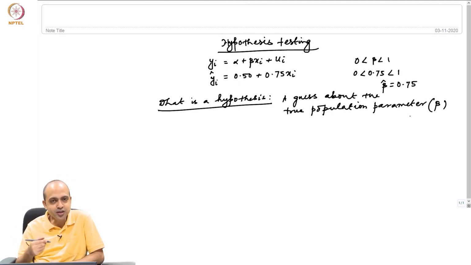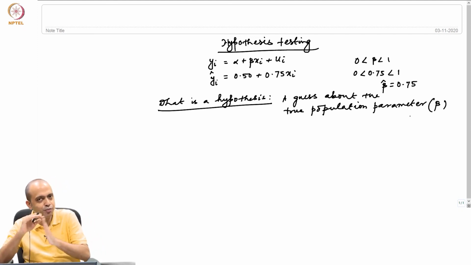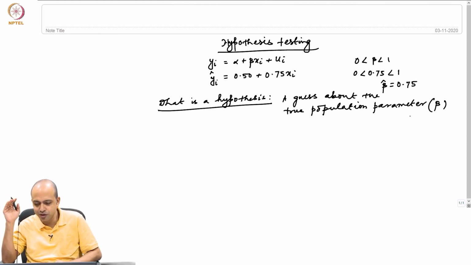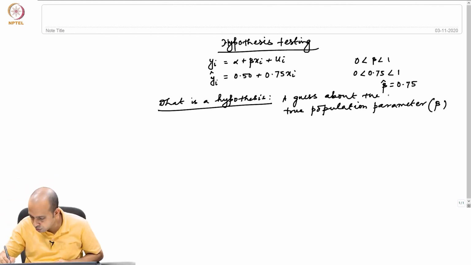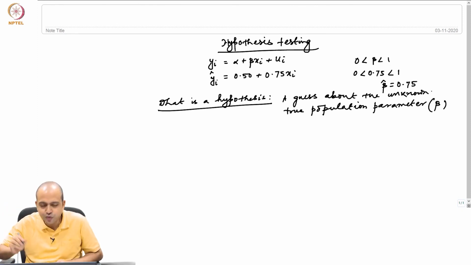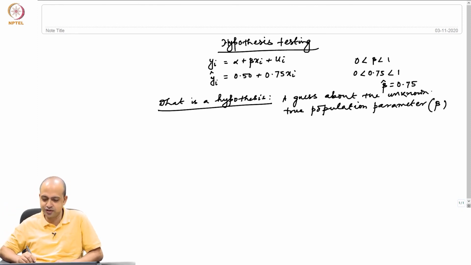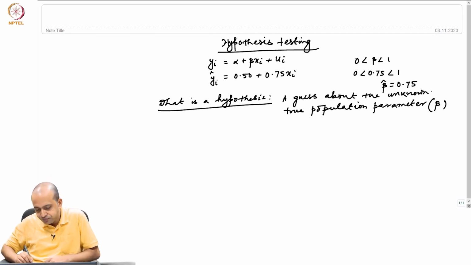That means income has a significant impact on consumption. That is the guess we are making about the true population parameter. Since it is unknown, we are making this guess, right.